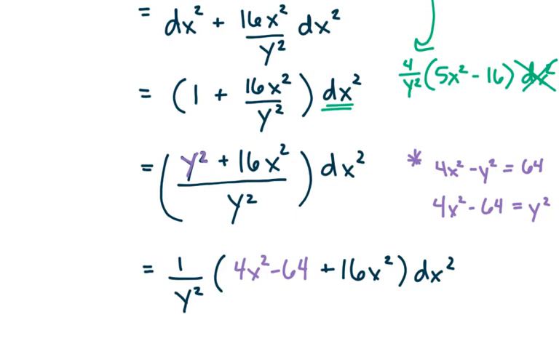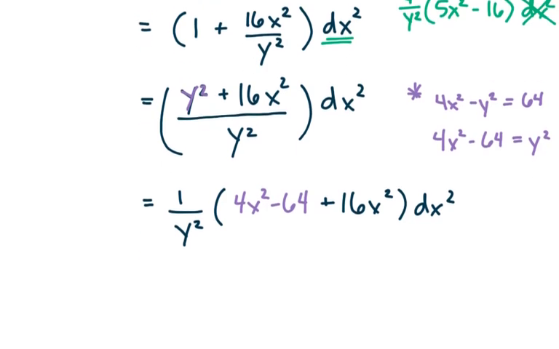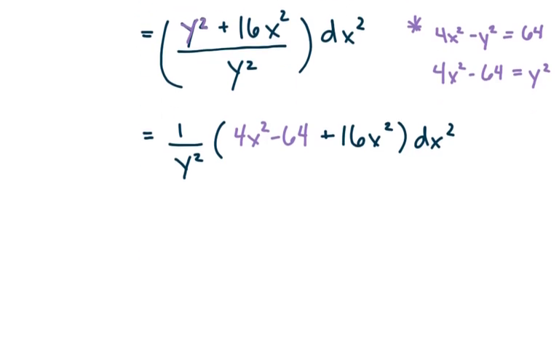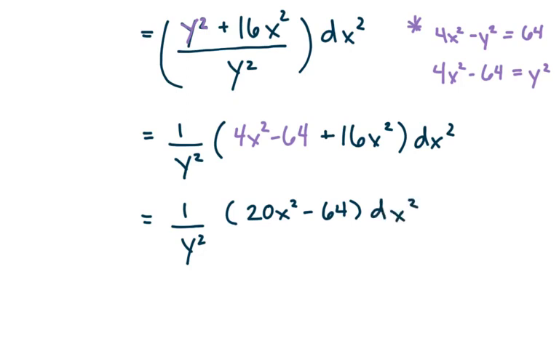So now I've got some like terms inside my parentheses. This is the same as 1 over y squared. The 4 and the 16, when I add those together, that gives me 20x squared minus 64 dx squared. And then you may notice, looking at both of the terms in the parentheses, we have a GCF of 4.